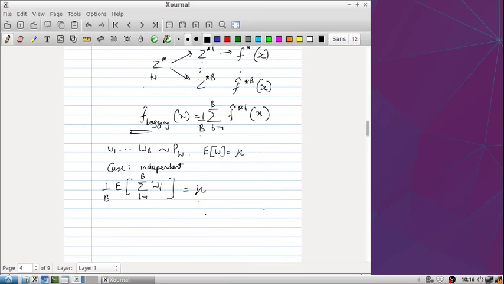Okay. So that's expectation. What is the variance of, maybe I should put 1 by b inside, 1 by b sum over b equal to 1 to capital B of wi? What is the variance? Let's say expectation of w is mu, and variance of w is equal to sigma square. So what do you think this variance is?